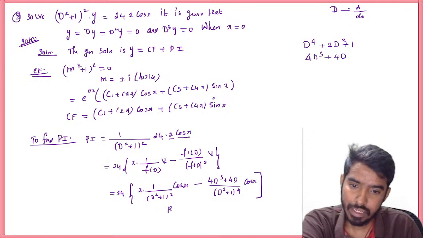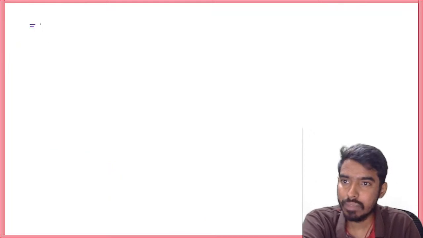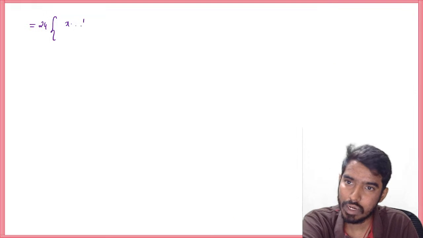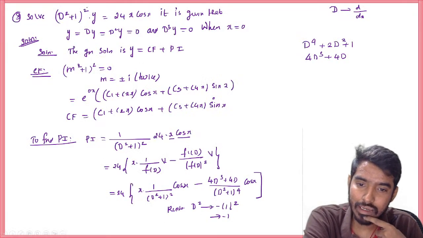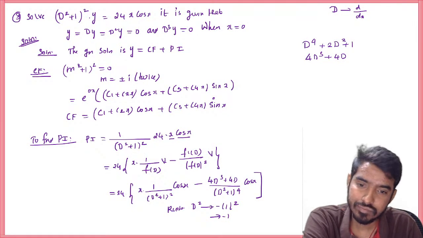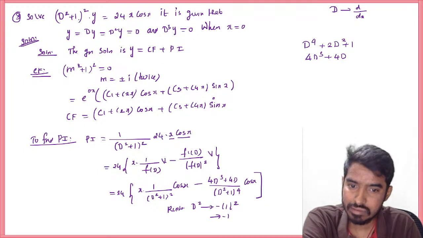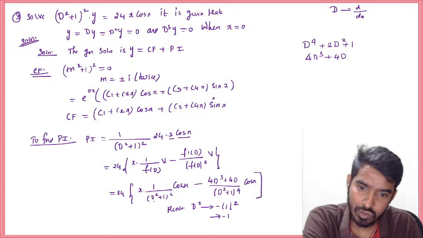So we have to replace D square by minus of A square, which is minus 1. So this will be 24 times x into 1 by D square plus 1. By minus 1, this will be 0, right? You have to do some other method, or else it will take so much time, because you can see this is 0.